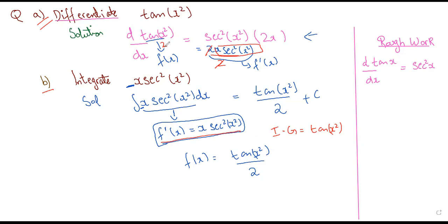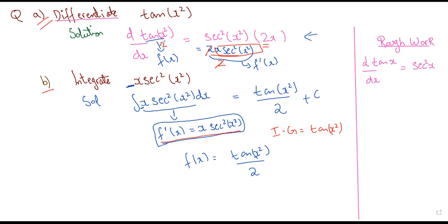Right? Yeah, I understood. Now, you know that the derivative of tan x square is secant square x square 2x. But in your example, this 2 was missing. Now, if you want to get rid of this 2, you need to have a 2 here as well.